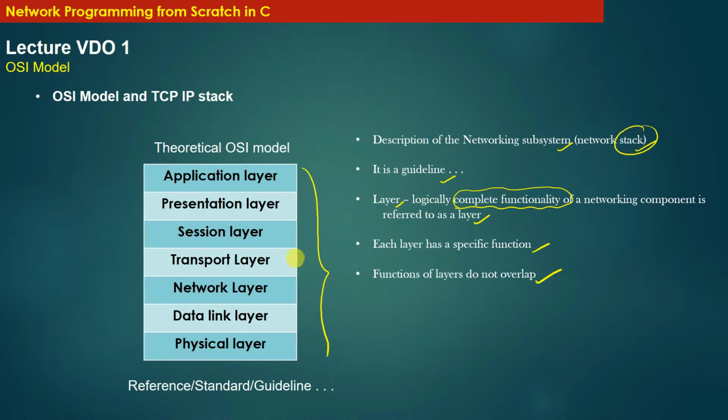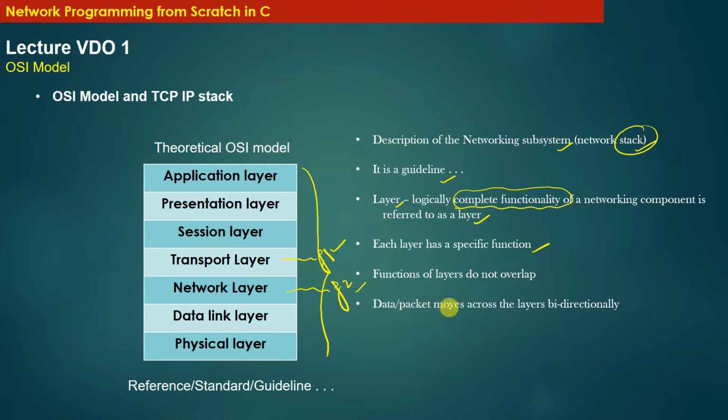For example, if the transport layer performs function 1 and the network layer performs function 2, then function 1 and function 2 have to be completely non-overlapping. That is, the responsibilities of the layers are completely isolated and segregated from one another.